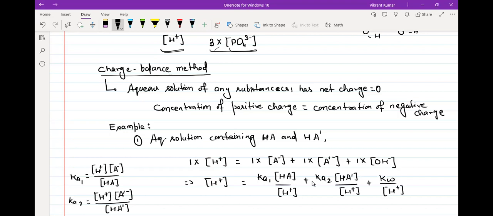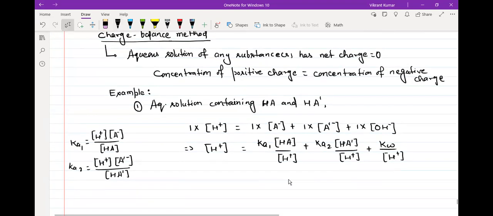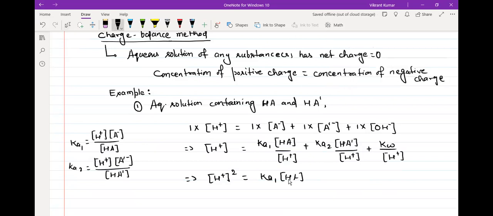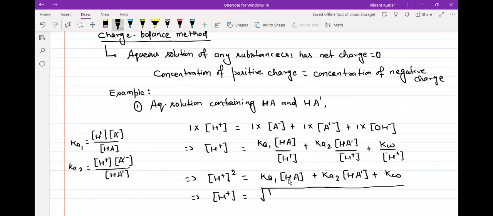Now we can bring H plus on the left side. So that gives you H plus square is equal to Ka1 HA plus Ka2 HA dash plus Kw. That means H plus is actually equal to under root Ka1 into concentration of HA plus Ka2 into concentration of HA dash plus Kw.